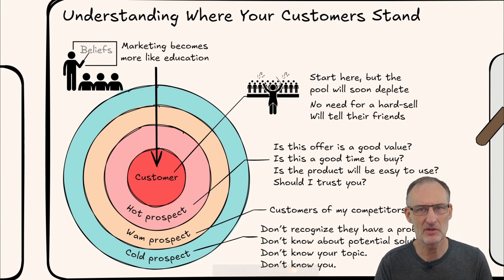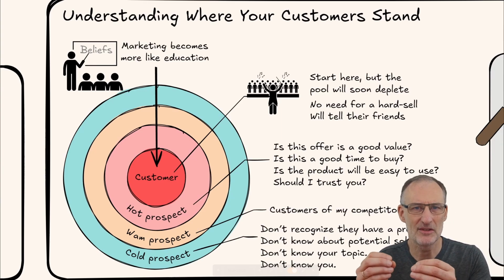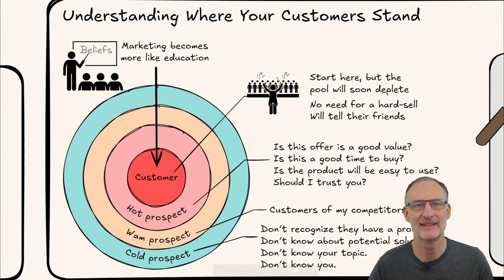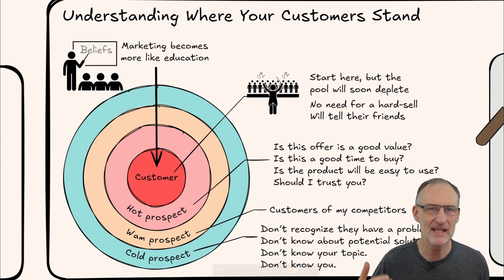So you have the hot prospects who already understand what you're offering. They understand the problem, they understand your solution, but they need to understand that what you're offering is good value and it is the right time to buy that, and that your solution is going to be easy to use and you're trustworthy.